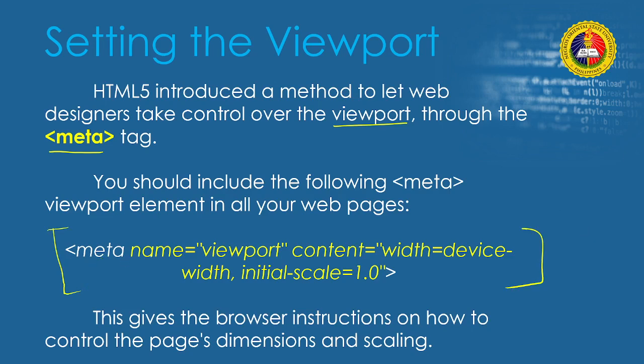We're going to write meta name equals viewport, and then content width equals device-width, meaning it is going to focus on the width of the device, and then initial-scale equals 1.0. So always remember to write this at the head tag of every web page that we'll be doing. This gives the browser instruction on how to control the page's dimensions and scaling.